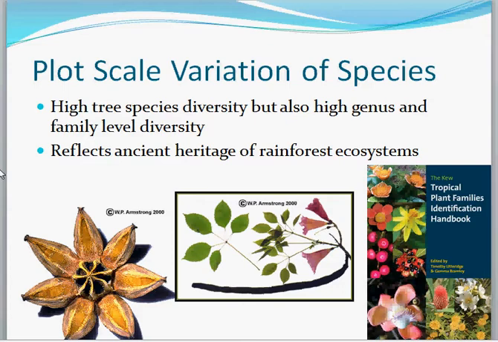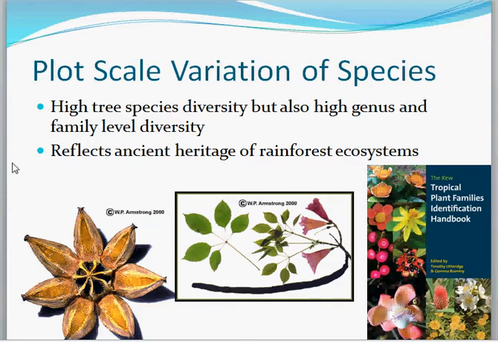So the species level diversity tends to be high, but because tropical rainforests tend to be much more ancient and older, their genus level diversity tends to be high as well, and also the family level. Okay, so species level is high in tropical rainforests, but genera and family level diversity is also very high.